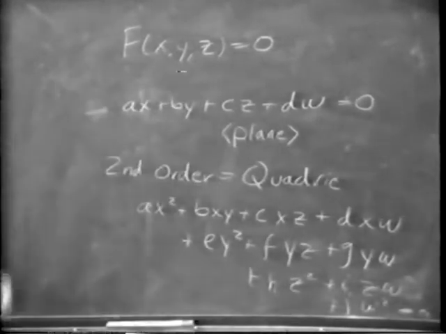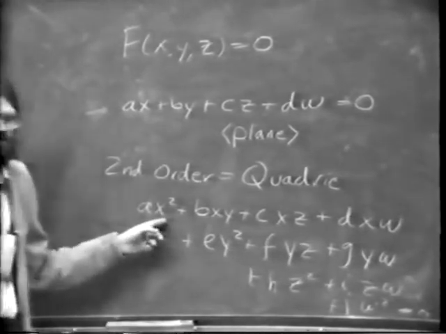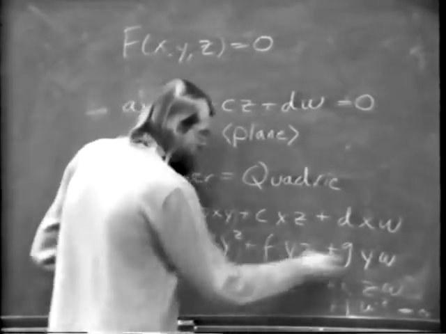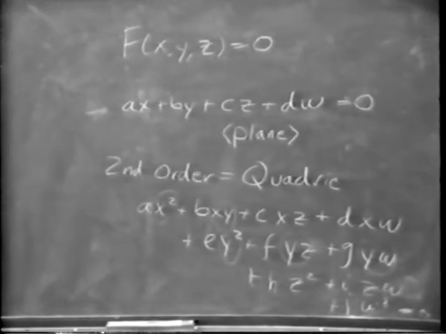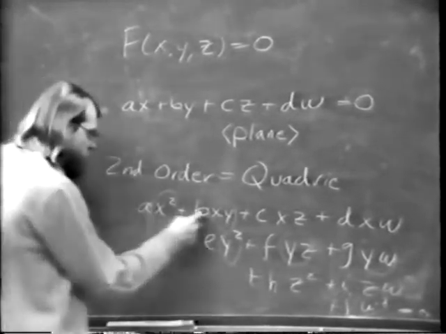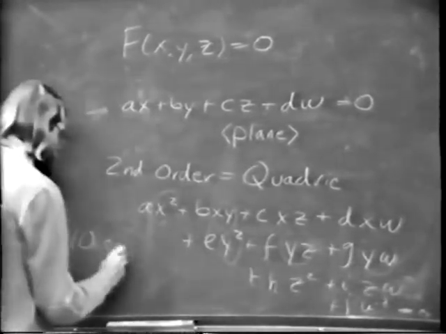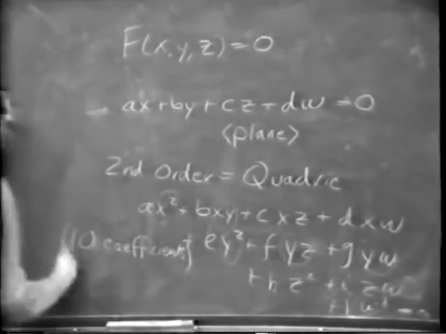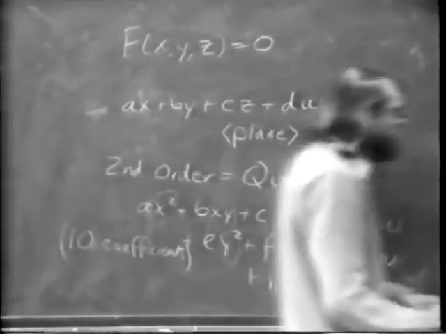Lots of terms. We have all possible combinations of terms where the sum of the exponents of the x and the y is 2 here. We have an x squared, and an xy, and a y squared, and a yz, and a yw, and a z squared, and a zw, all possible permutations of that. And we look in here and we discover we've got 1, 2, 3, 4, 5, 6, 7, 8, 9, 10 coefficients. Kind of 10 values here which determine which of the many second order surfaces we've got.